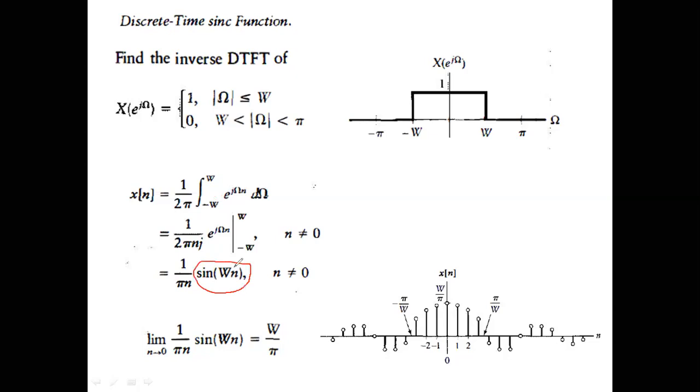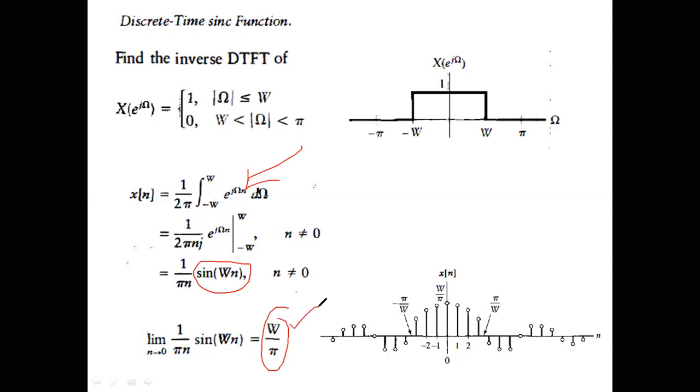That is why we'll get sine(Wn) divided by pi n. Once again, for n equal to 0 at the origin, sine 0 is 0 and pi into 0 is 0, so this will give you an indeterminate form. So for n equal to 0 we will substitute directly. e to the power 0 is 1, so W minus minus W will be 2W divided by 2 pi. So it is W divided by pi.